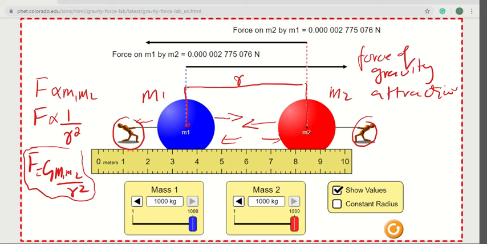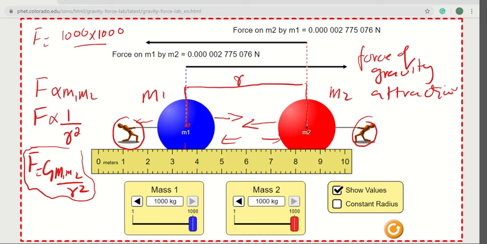Let's say here we have mass 1 of 1000 kg and another mass, m2, of 1000 kilograms, and they are at a distance, let's say from here. These are given in meters: 1 meter, 2, 3, 4, 5, 6, 7, 8, 9, 10, so the total is 10 meters.